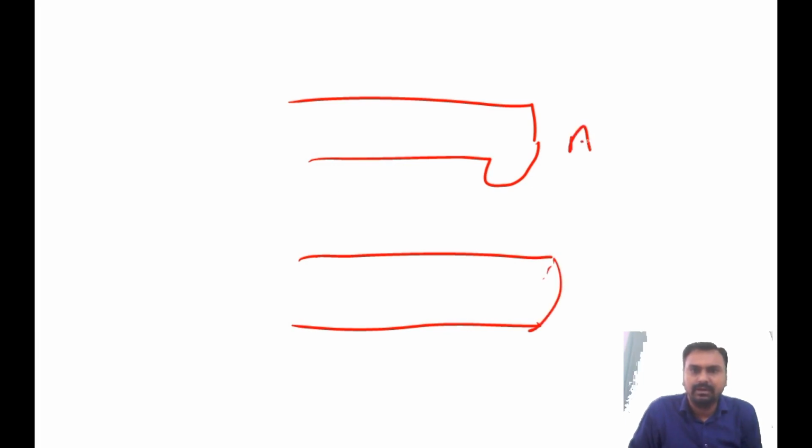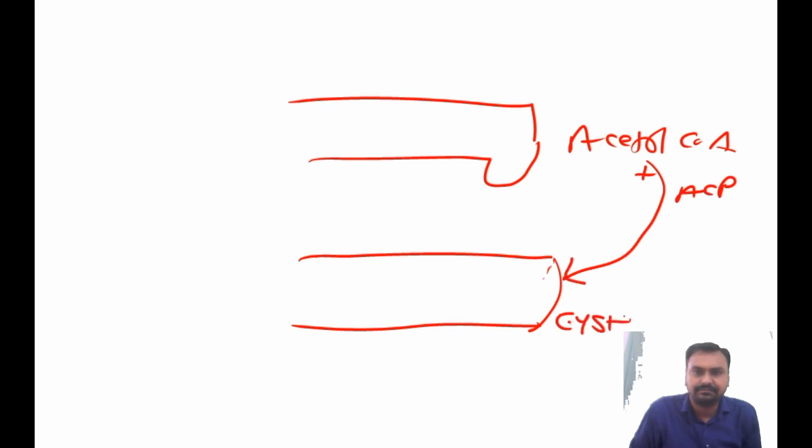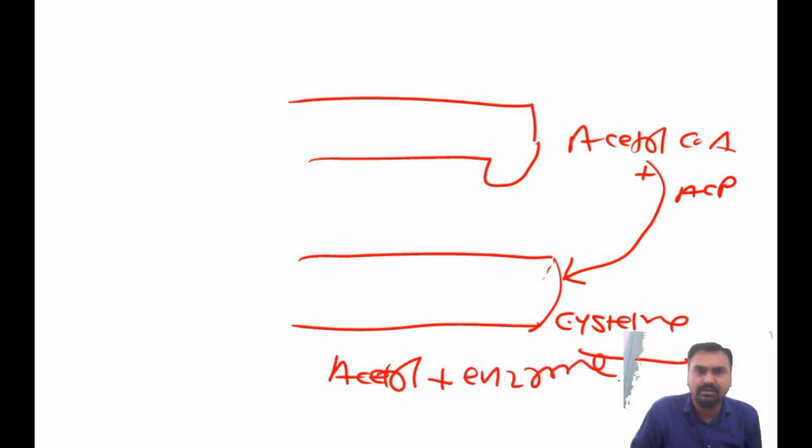So acetyl CoA binds with this ACP region, then it will be transferred temporarily to this cysteine site. So it is called the acetyl transacylase, so the acetyl plus enzyme will be held here, and this vacant site now, so it is transferred.